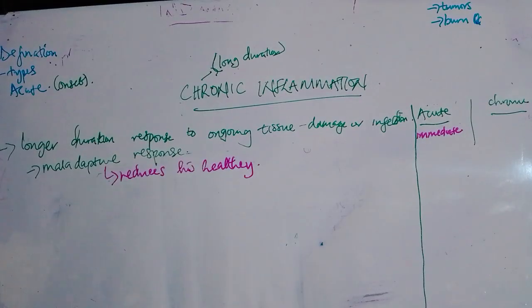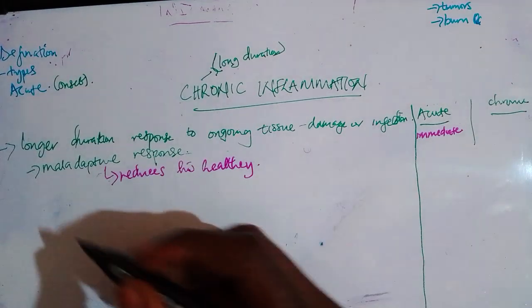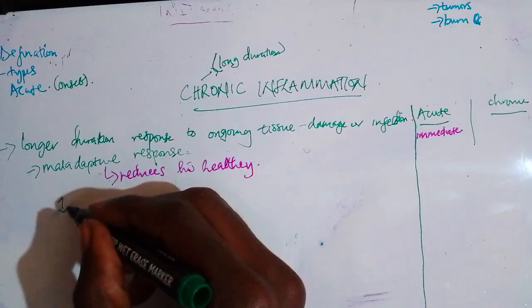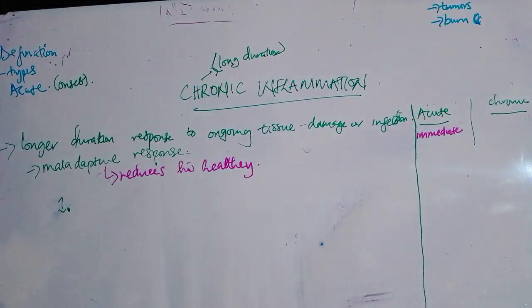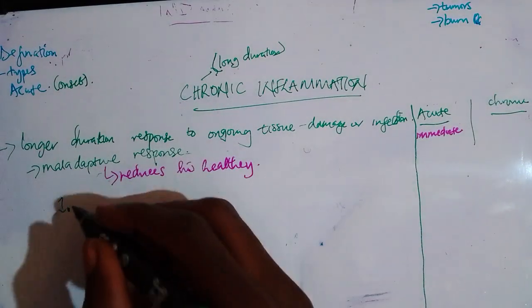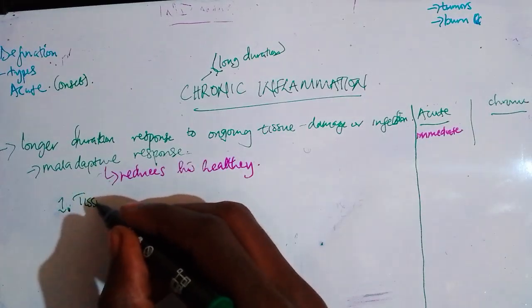How does this maladaptive response affect the individual? It can affect this individual in several ways. One, this maladaptive response can lead to tissue damage.